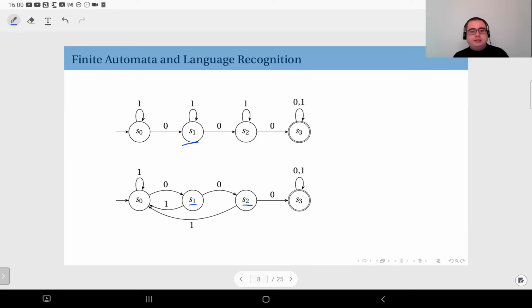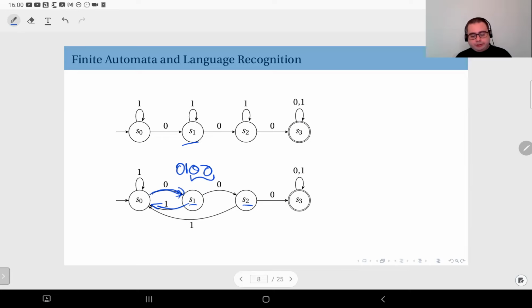So what this means is in order to reach S3, you need three consecutive zeros. So 0, 0, 0 should take you to S3. If you have a 1 in between, okay, you come to S1, but then it takes you back to S0. And the remaining two zeros are not sufficient to take you to the accepting state.